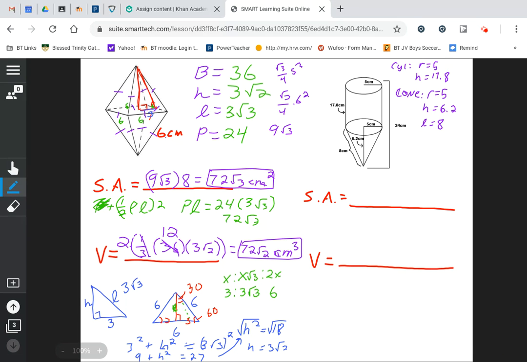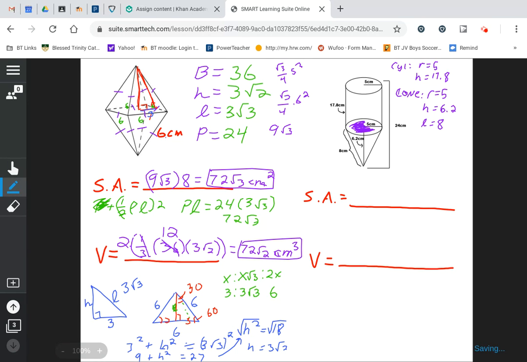Now, what we'll notice here is that for my surface area, we want to combine both a cone and the cylinder. However, you'll notice that both the cylinder and cone have a base, and I'm shading it in here, the base down here, is covered up. It's not on the surface. It's inside the figure.